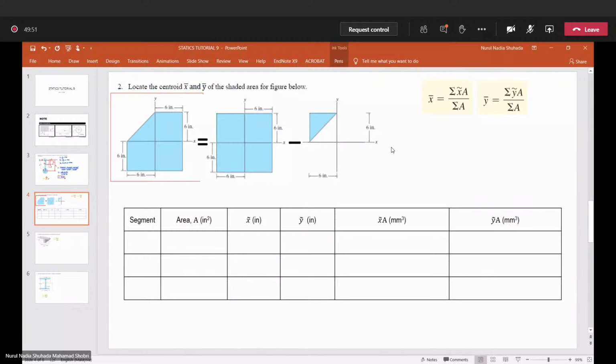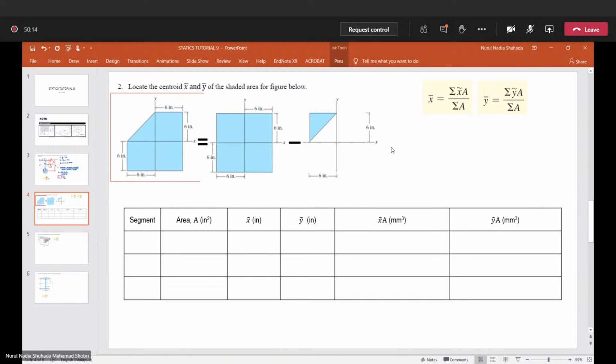When we get a figure like this, one of the ways to do this is to take the whole rectangle and then minus the minor part of the shape so that it will be equal to the given figure.